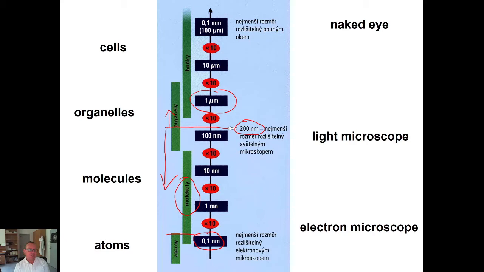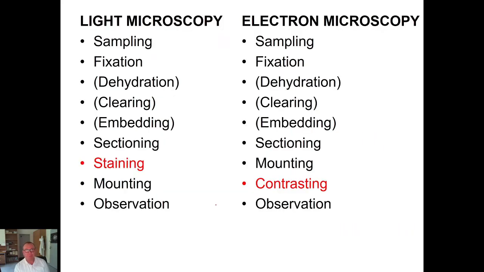Now let's look at several techniques which allow us to see the magnified picture. The methods of preparation are very similar in both light and electron microscopy. Light microscopy and electron microscopy are two disciplines with a very similar technical base.